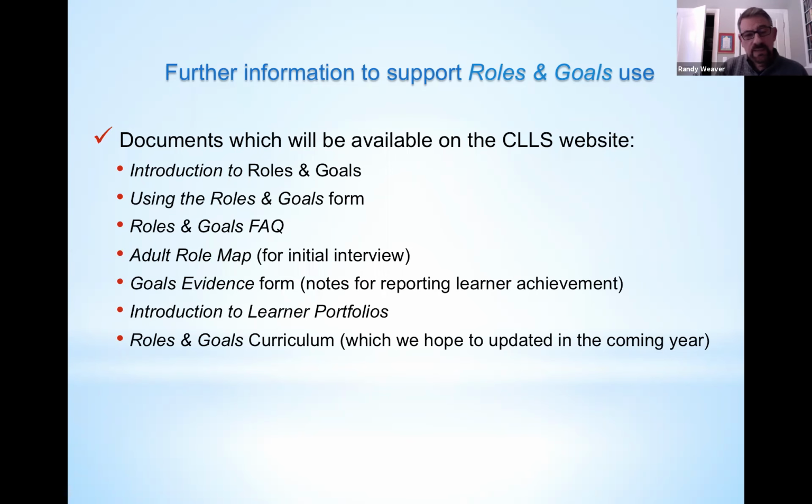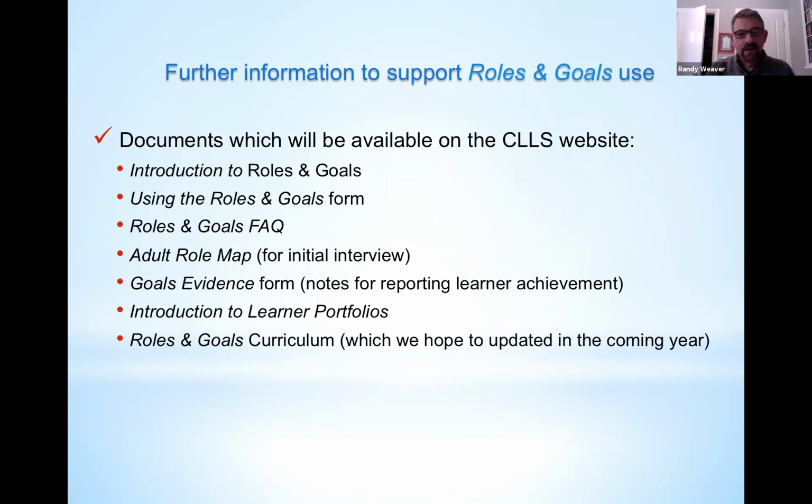We're going to do a frequently asked questions sheet about roles and goals, which will probably incorporate many of the new aspects of the revised roles and goals. We'll have that adult role map if you want to use that, and the evidence sheet also if you want to use that. And we'll have a more detailed outline of how to work with learner portfolios.